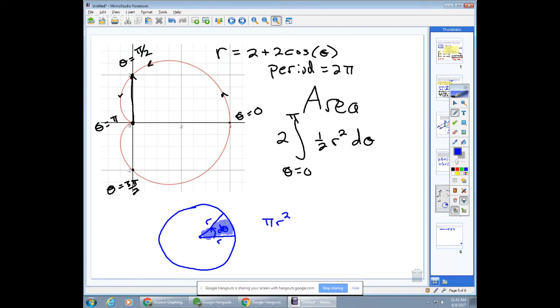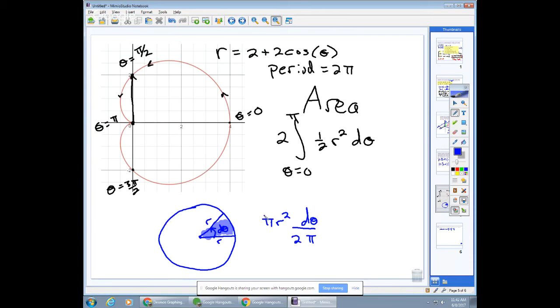And what I want to do is figure out what fraction I have here. Well, what is a complete revolution in radians? 2 pi. So the fraction of the circle I have is that angle, d theta, out of 2 pi. That's the fraction of the circle I'm displaying right here. And that's the nice thing about radians. Fractions of circles are just the radian measure divided by 2 pi.